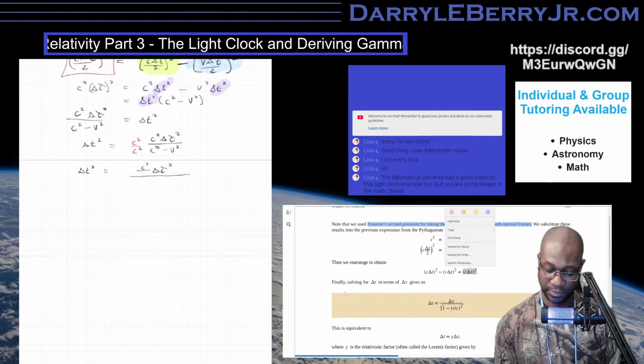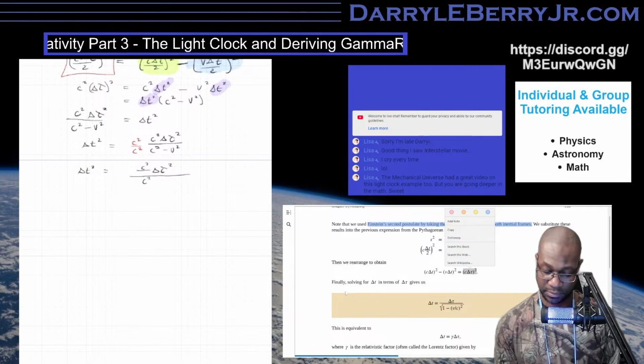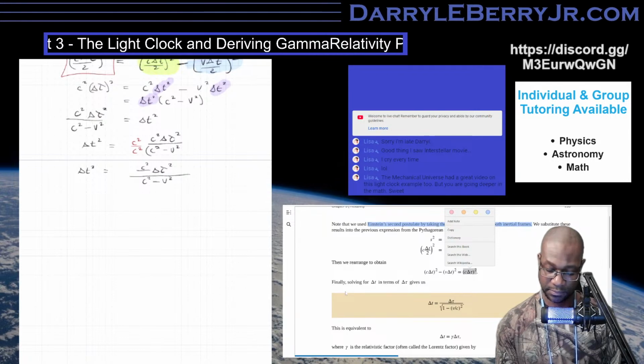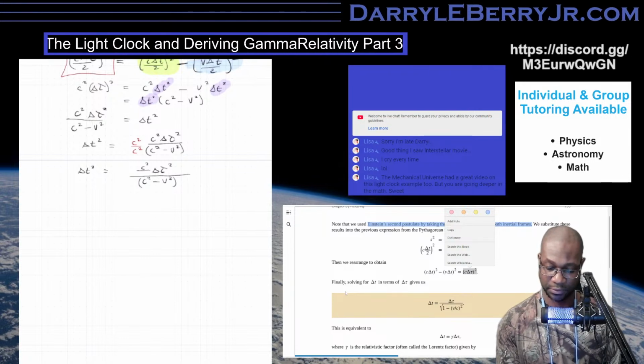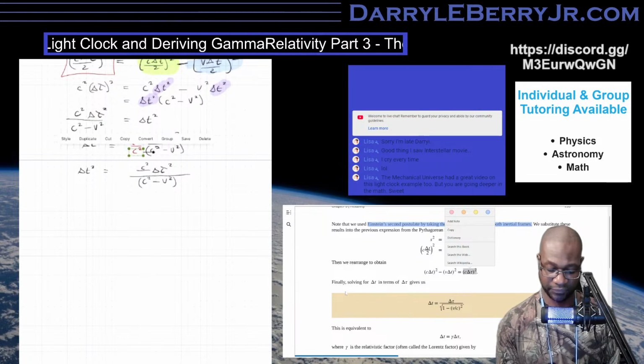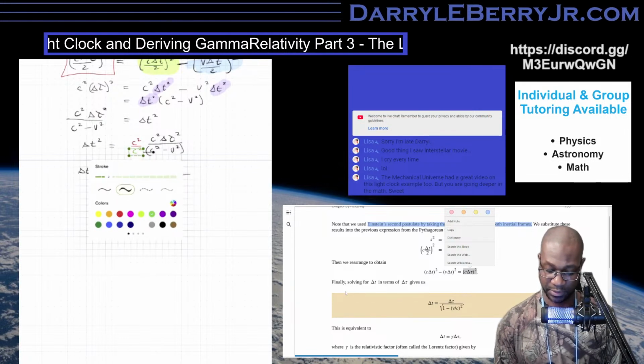We have, by this. So, and what I'll do is let me make these 2 different colors because I figure that might be a little unclear.